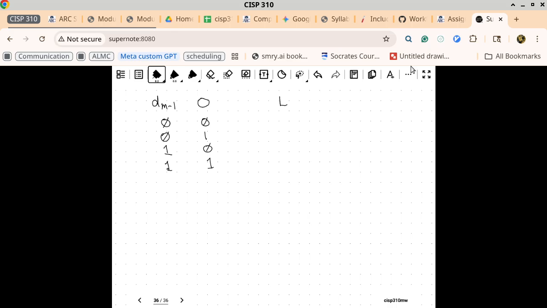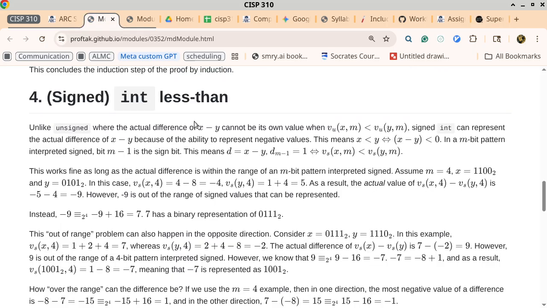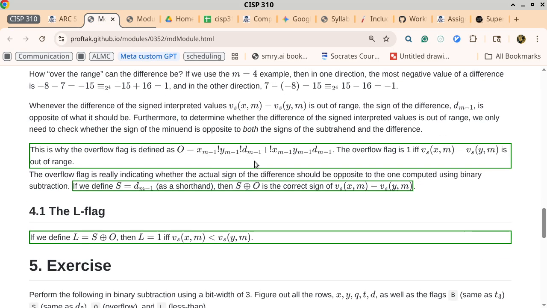You don't really have to write that down because it is actually in the notes, so I can point it out to you. If you scroll down to about here, this is what it is telling you.